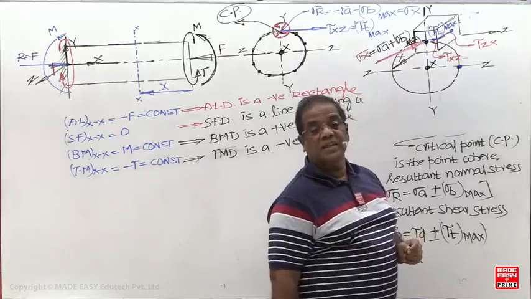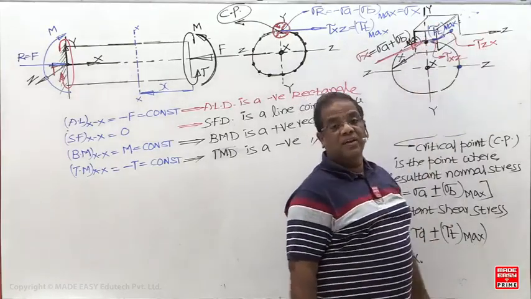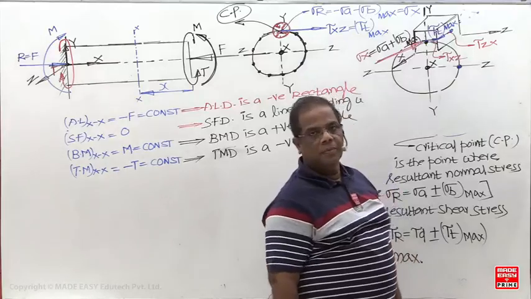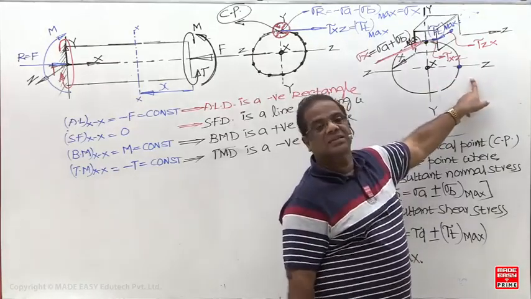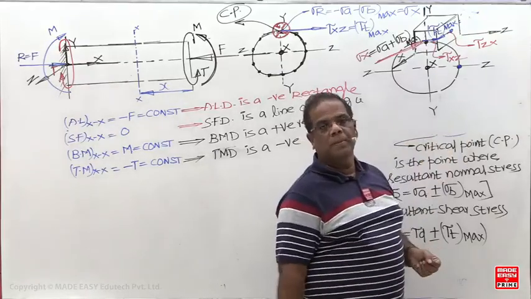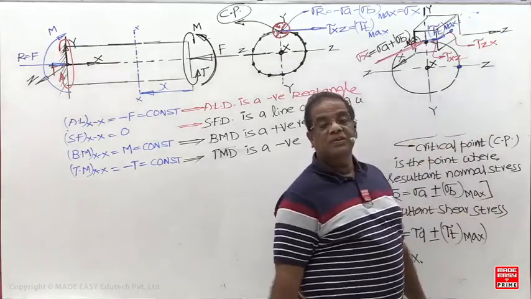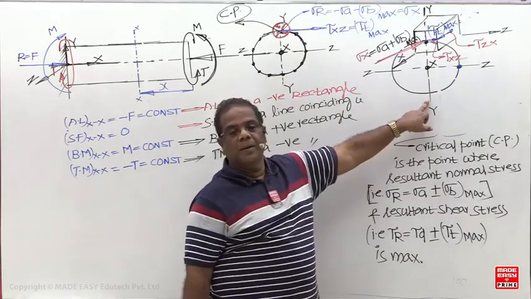Then in that case, which plane do I have to consider? The X and Y plane. So what are the principal stresses now? Sigma x is the axial stress, and tau xy is 16T by πd³. And sigma y is 0.